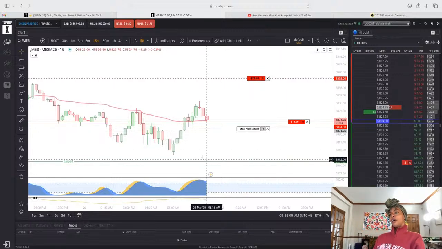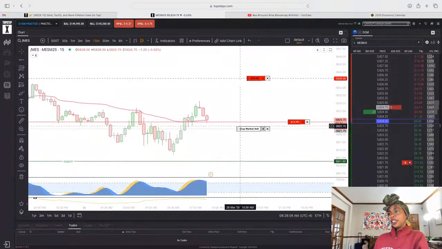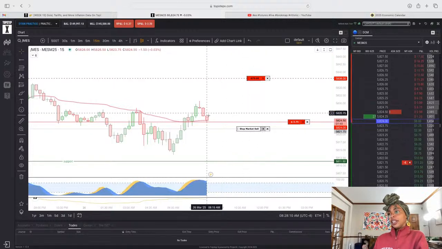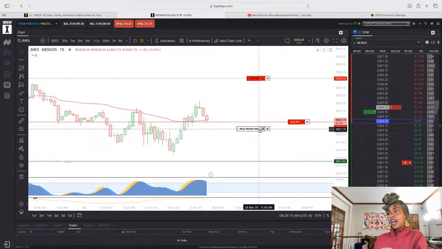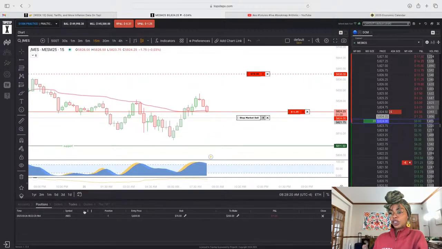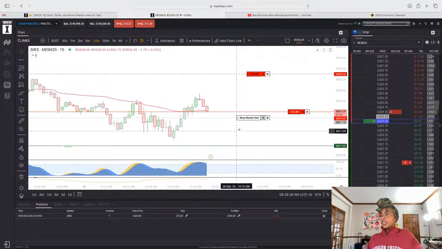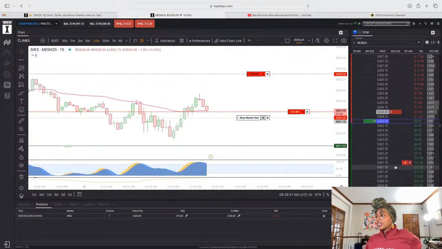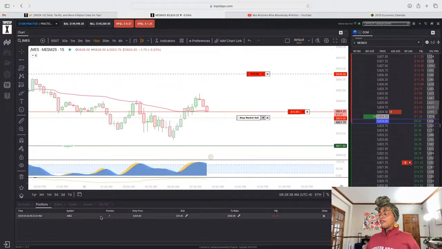Like I was saying, you would have 2 orders here, but once this order is activated, this is just going to become 1 order. You're just going to have 1 position for 5 contracts open. When we come down here and look into our positions or our trades, we're just going to see 1 trade. It says -1 because we're in a sell. But once price comes down here to 58.21.75 and picks up my order, we're now going to see 1 position, and that would say -5.